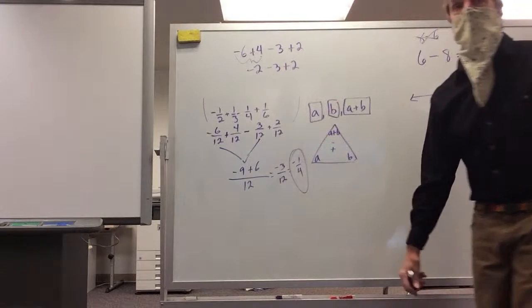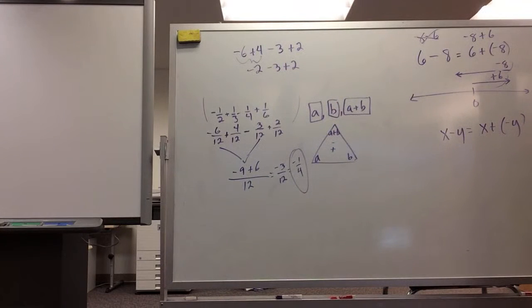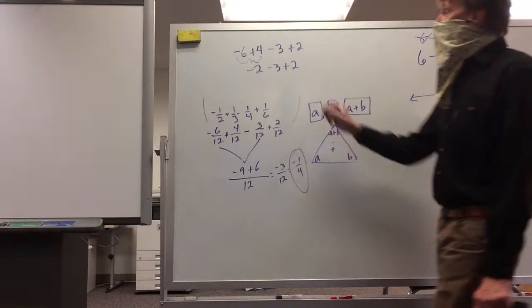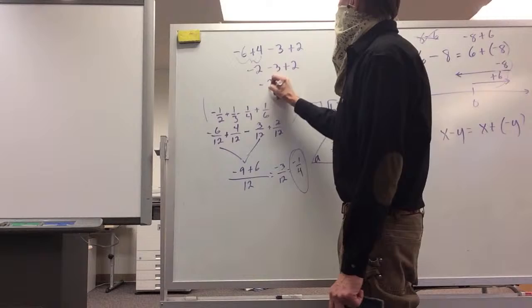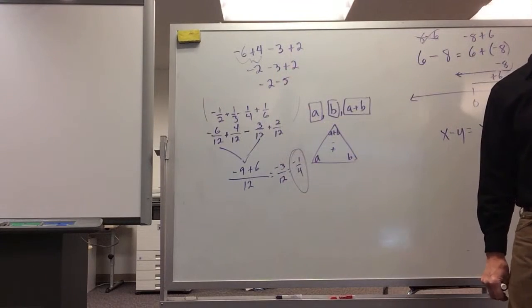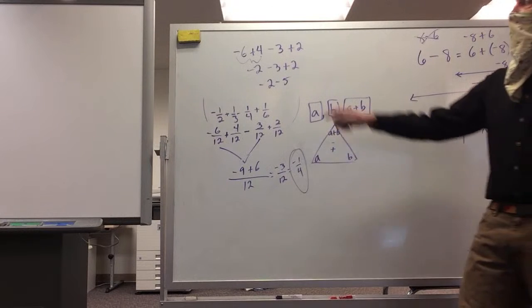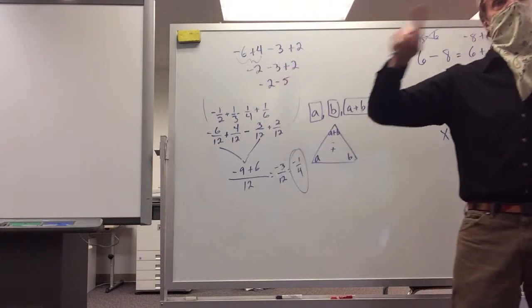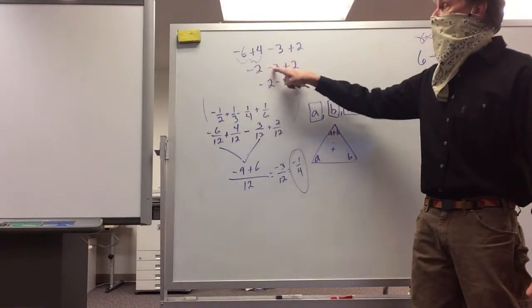Now what has to be done? Subtracting 3, not adding 3 and 2. Why? It doesn't give you the right answer. Because the order of operations, the rules that we live by in math, say that you have to work from the left to the right.